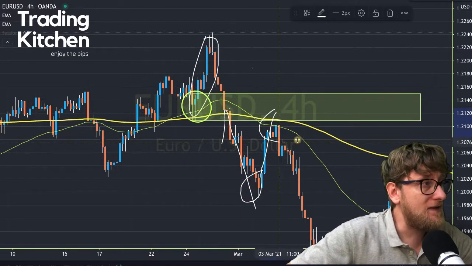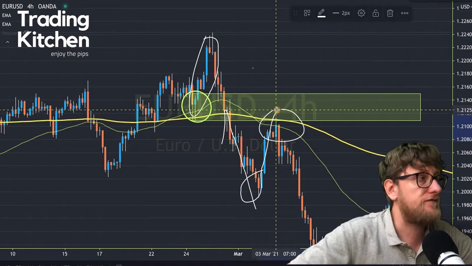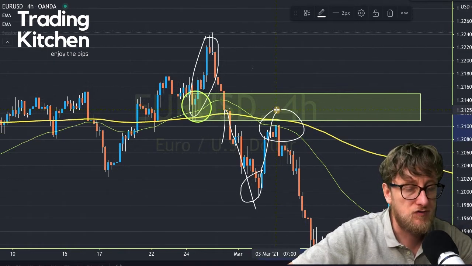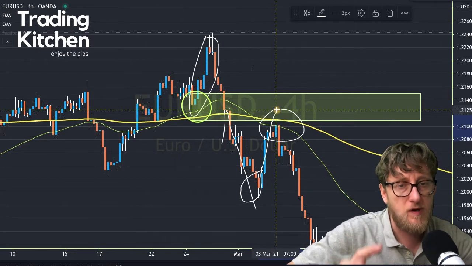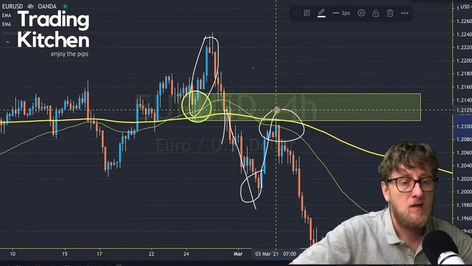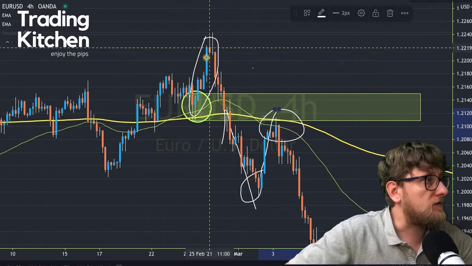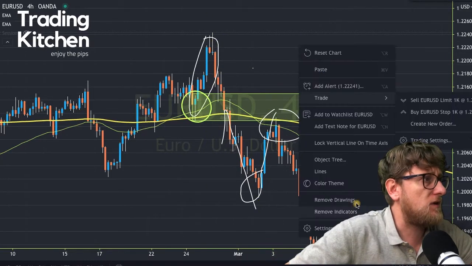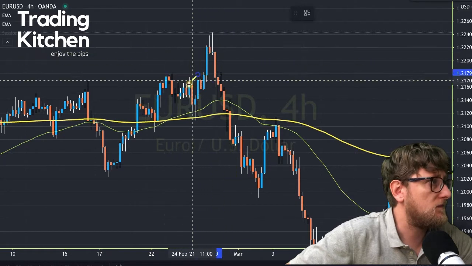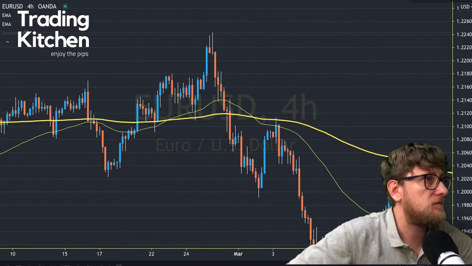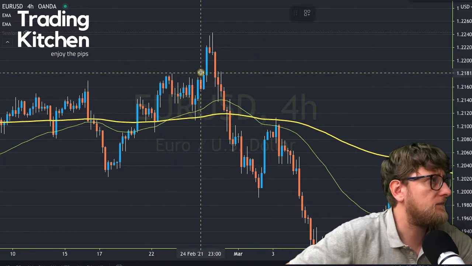So to find dominance correctly, you have to consider the impulse and try to understand from which zone the impulse had started. Okay, this is very important. In this case, for example, let me remove drawings. This is not a dominance, sorry, this one.